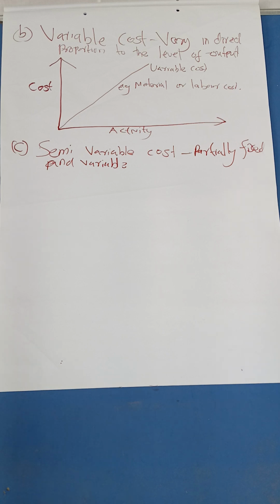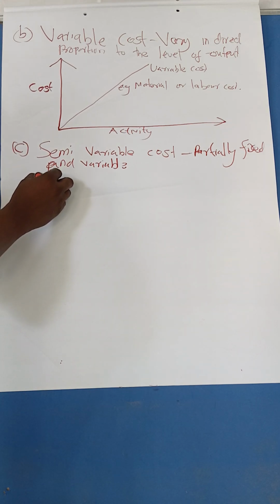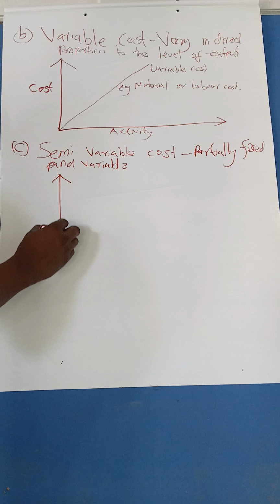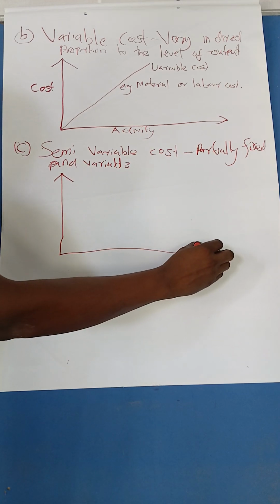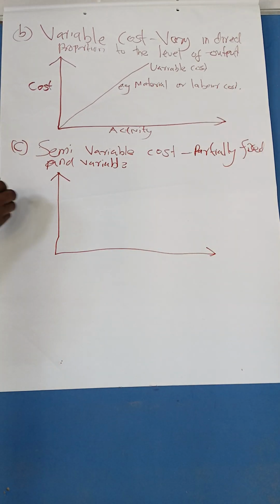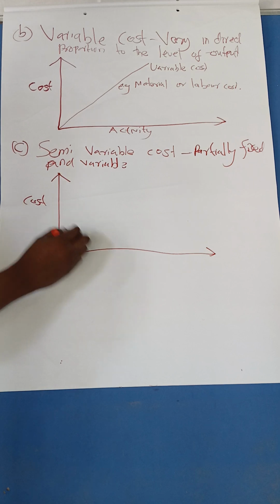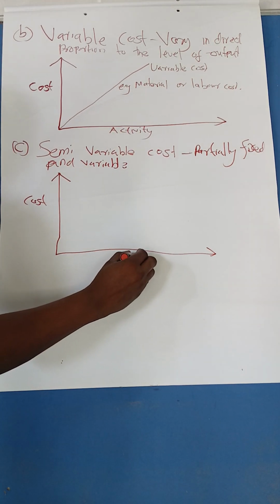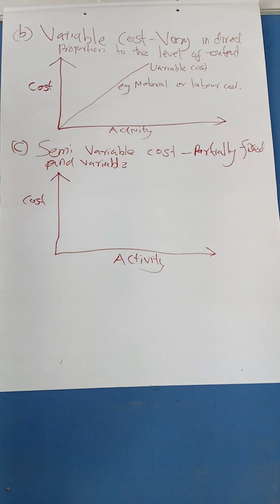It will keep changing. So when we are representing semi-variable cost, you can present it in two forms. One, you can present it this way: this is cost, this is activity, and this is now the electricity bill.